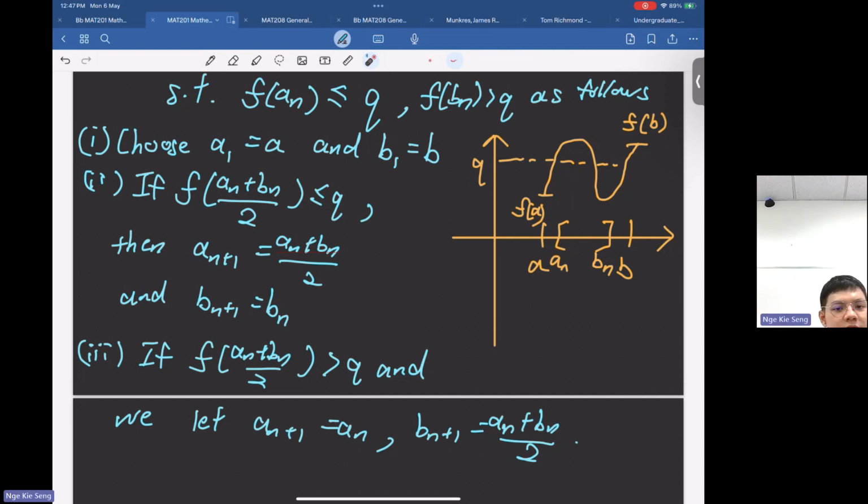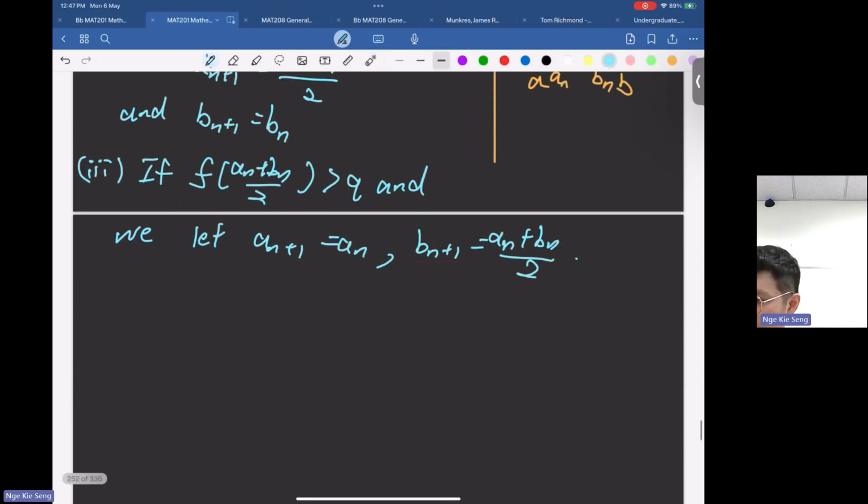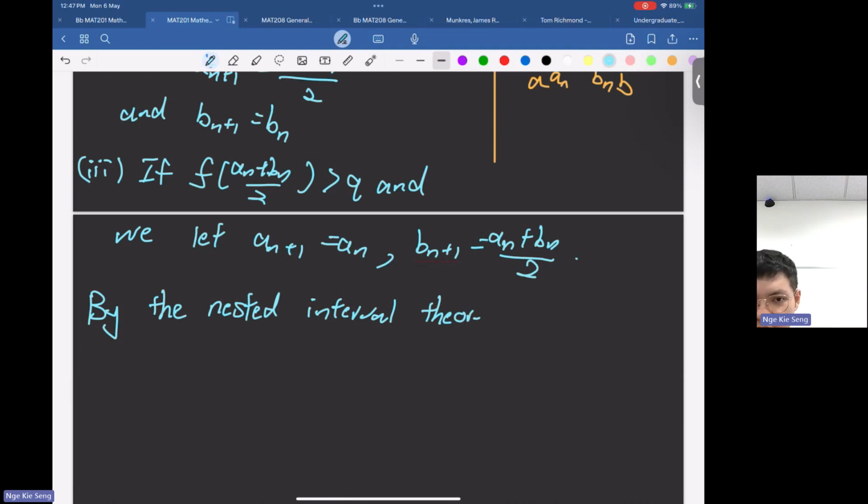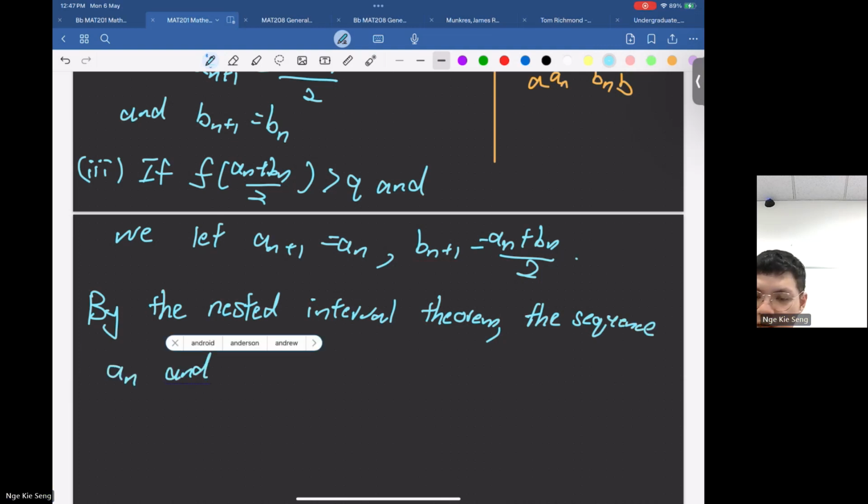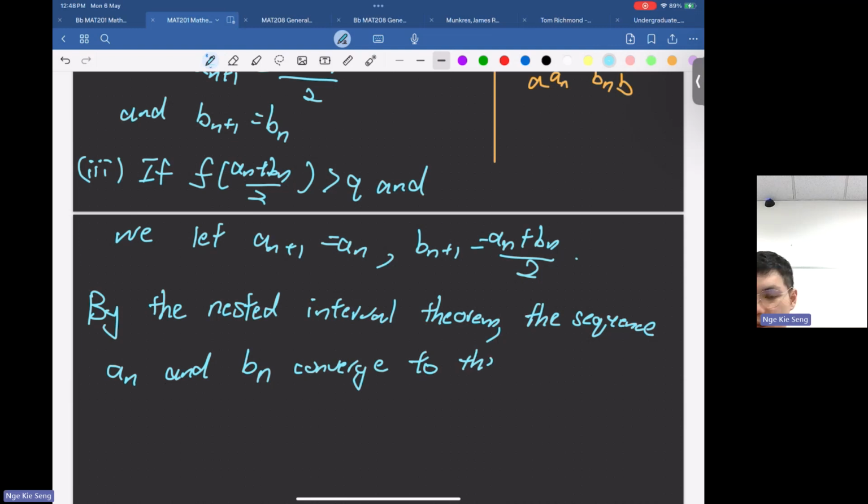All right, so next, from here, what do we do? You can see that this interval becomes smaller and smaller. So in particular, the sequence a_n and b_n converges to a unique point x.